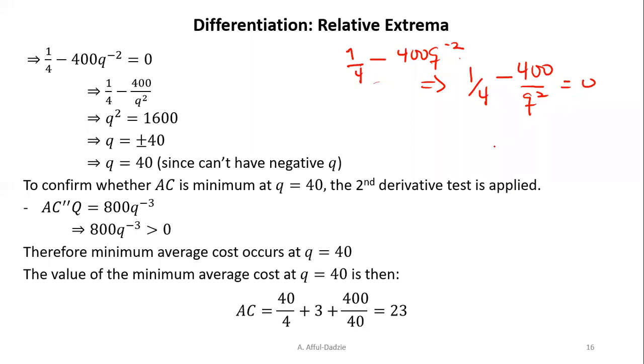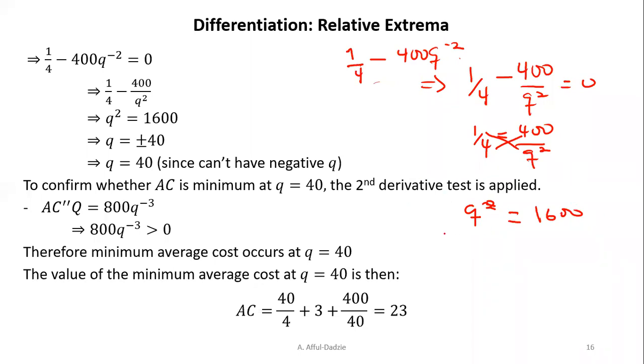So take this to the other side. If you take this to the other side, you have 1 over 4 equals 400 over Q squared. Remember this basic thing, cross multiplication, right? This guy will go with this and this guy will go with that. So you can have Q squared equals 4 times 400, and that's 1600. And so you just take the square root of both sides.